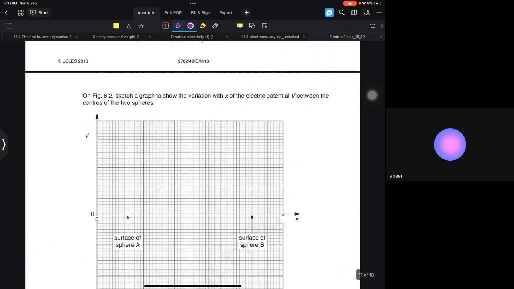Again, the same thing. This time, obviously, the one that has the larger charge, because potential is kQ over r, so the greater the charge, the greater the potential. So we're going to start with the higher point. Let's start from here. Within the space, it is constant, and then we're going to start from this point. I'm going to make the individual graphs first, just for my own understanding.